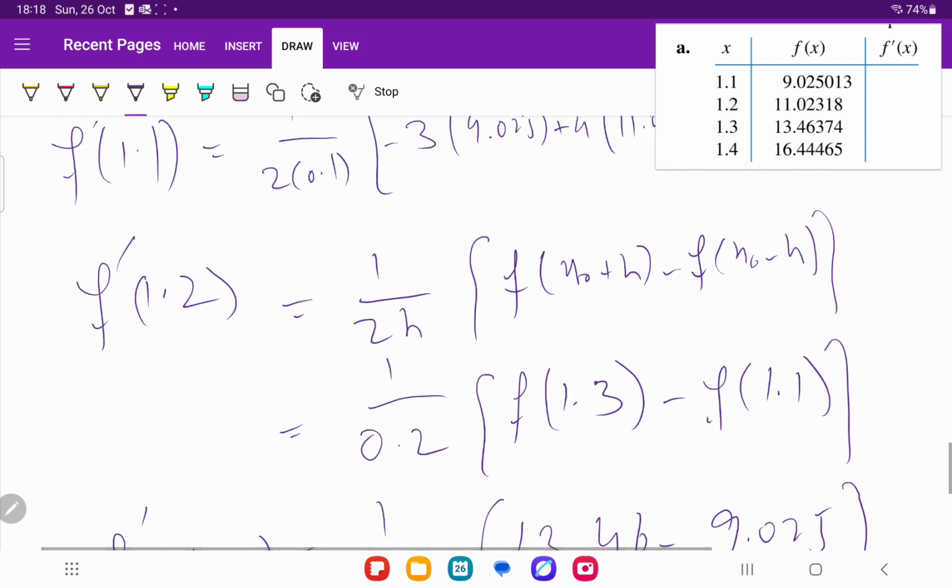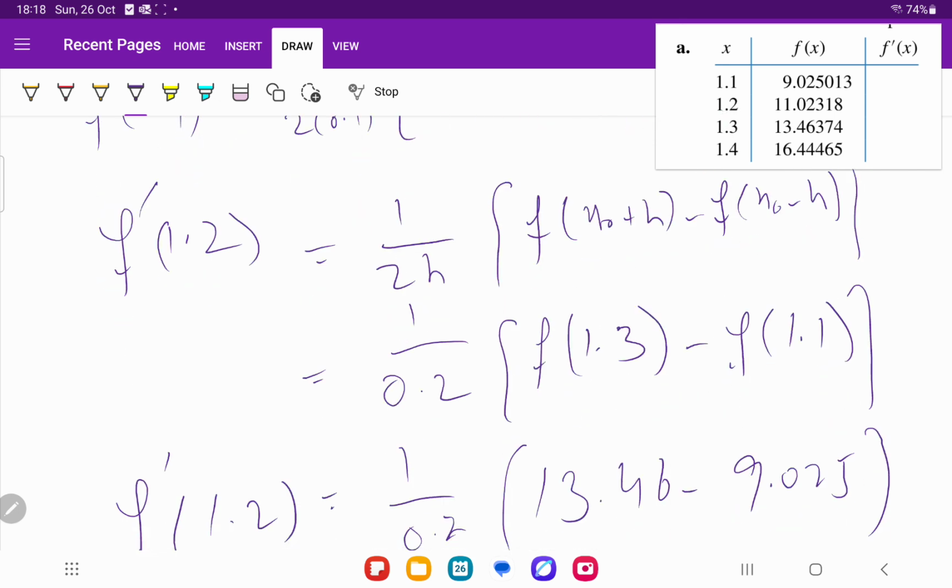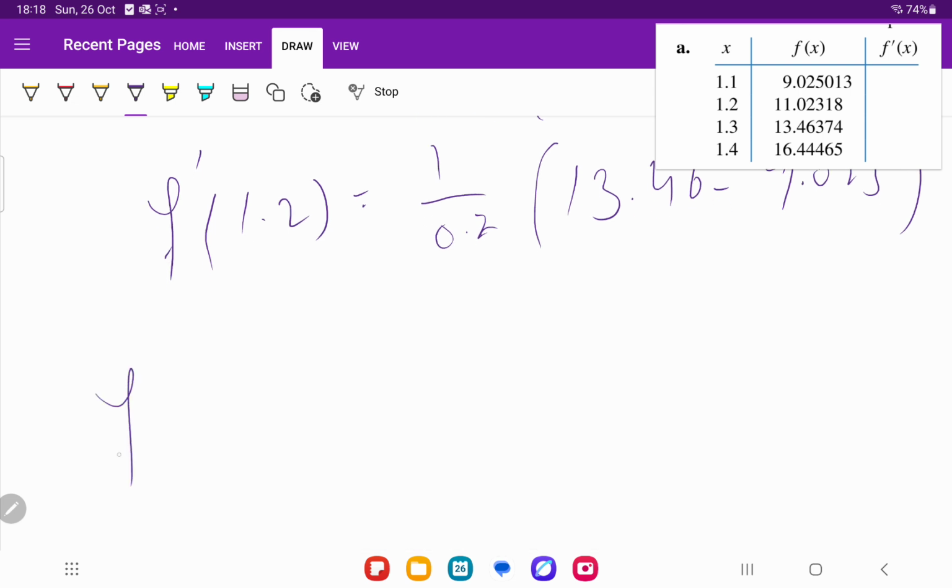Let me revise a little bit. At 1.1 we will apply the forward difference formula. At 1.2 midpoint is very appropriate. At 1.3 midpoint is appropriate, and for the last, 1.4, we will apply the backward formula, which is equal to 1 over 2h. What is the formula?